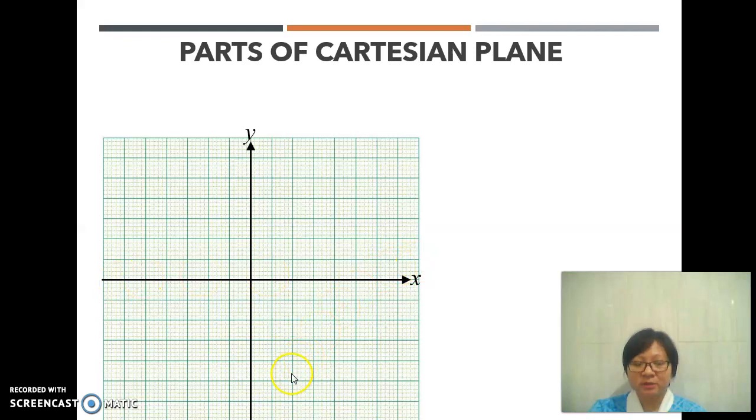The x-axis and the y-axis divide the graph paper into 4 parts, as you can see: 1, 2, 3, 4. Start from the top right side here. We label this as the first quadrant.